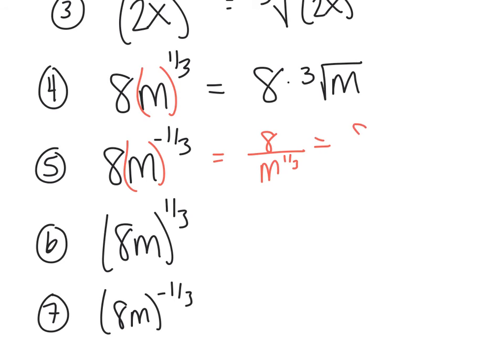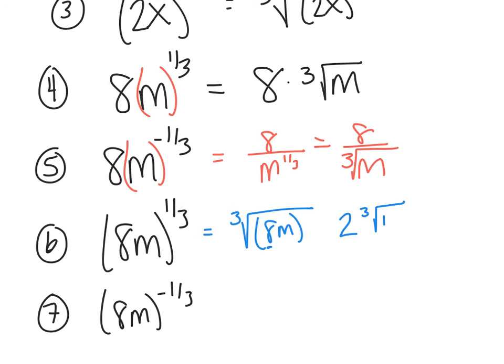So now this is really 8 over the cubed root of m. 6. The quantity, in parentheses, 8m to the 1/3, is really the cubed root of 8m. Now, I can actually break this one down because I know the cubed root of 8 is 2, so this is equivalent to 2 cubed root of m.